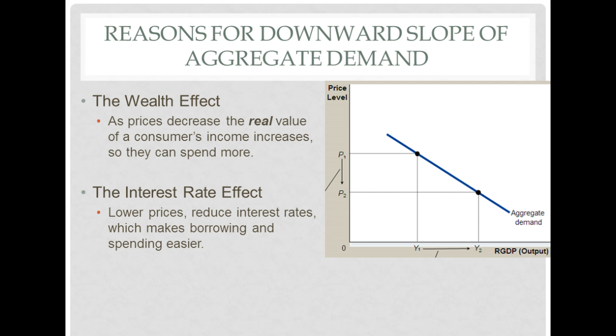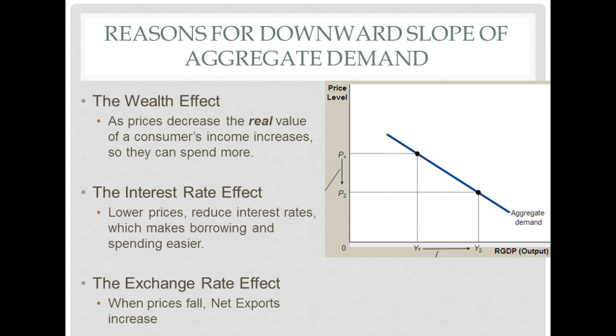The last one, I'm going to have to ask you at this point just to take my word on it. This is called the exchange rate effect. We don't know enough about exchange rates yet to completely grasp this one. We'll understand this better later in the semester, but just briefly, what we know, for reasons we'll get into later, is that when prices fall, net exports increase.